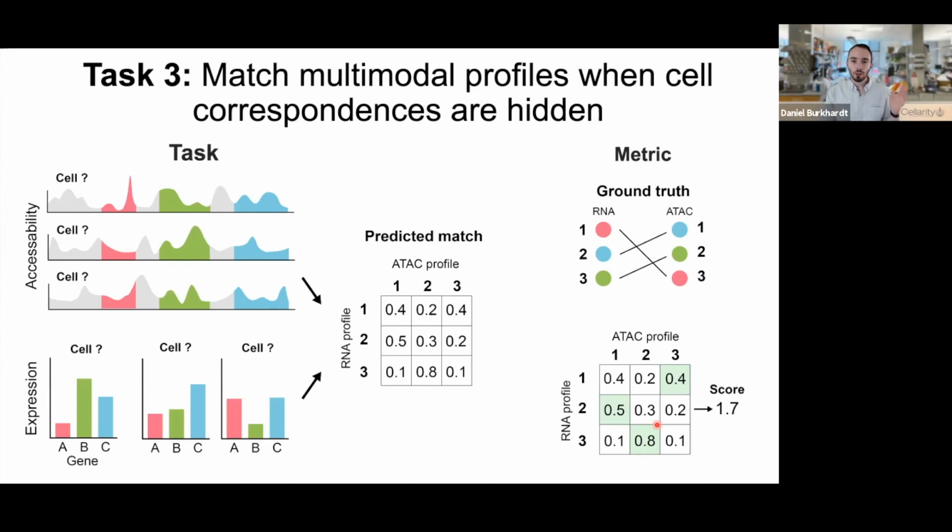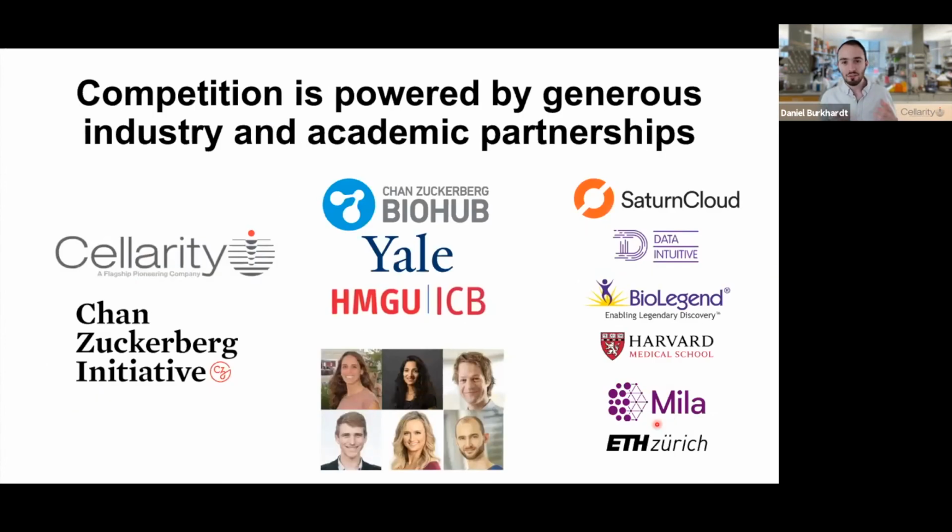Those are the three tasks that we're introducing for this competition. I want to recognize that this is a deeply collaborative effort with a large number of both academic and industry partners. It's been wonderful that Celerity has been contributing to data generation and is also offering prize money for this competition, and allowing me to continue to organize this work as a scientist there.